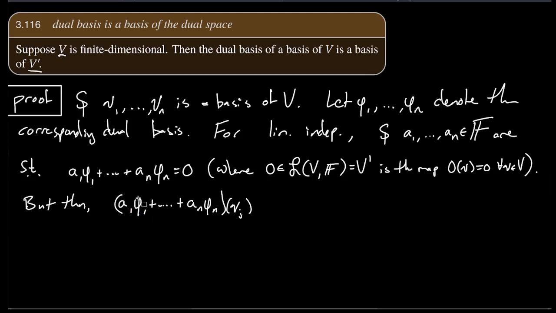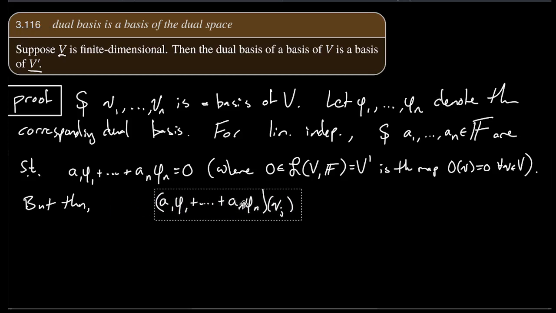So here, let me move this slightly. There we go. Oof, the wonders of technology. But then 0 in V is equal to the 0 map evaluated at vj, which is just the same as this big old linear combination of our dual basis vectors evaluated at vj. But hey, we know what this is.